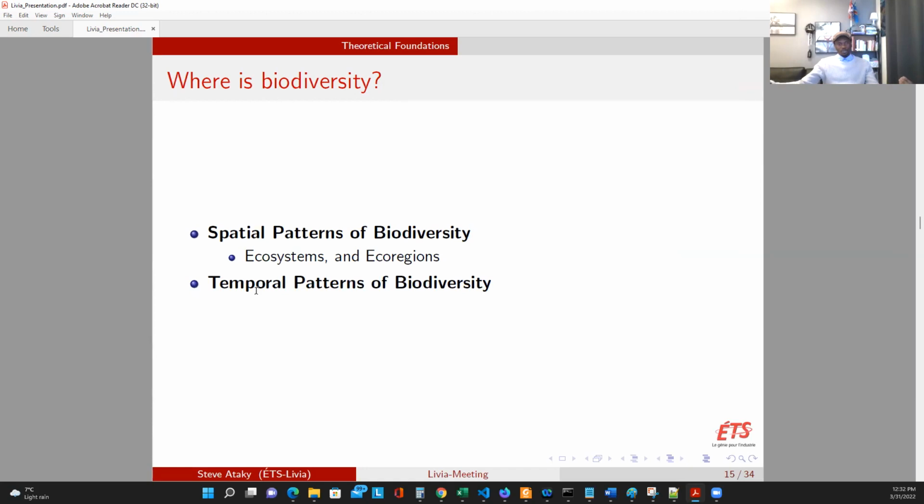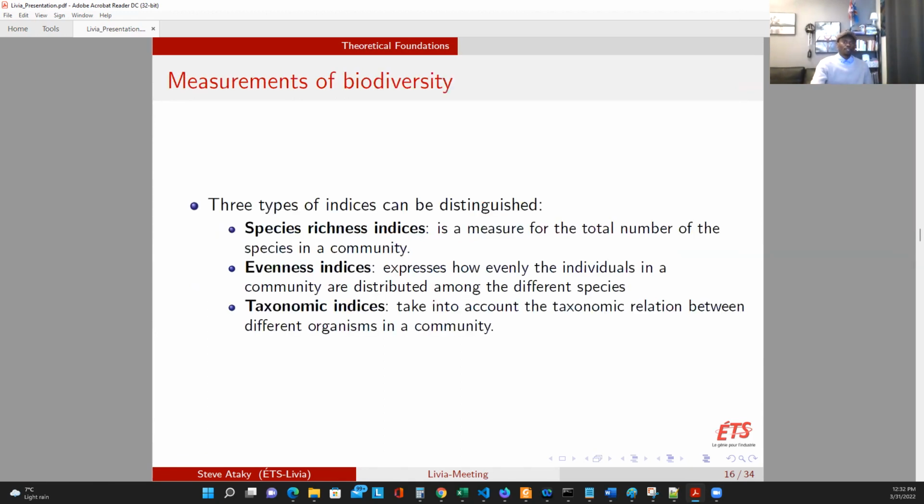And we also have temporal patterns of biodiversity, which consists of the knowledge of patterns of biodiversity over time that allow for background rates of extinction and biodiversity loss.